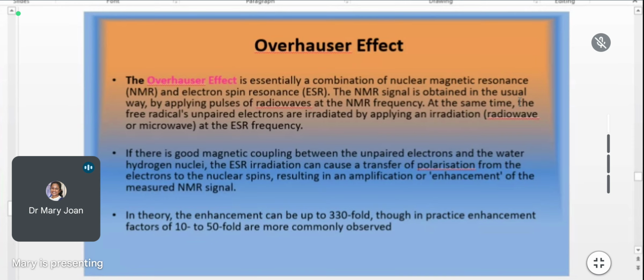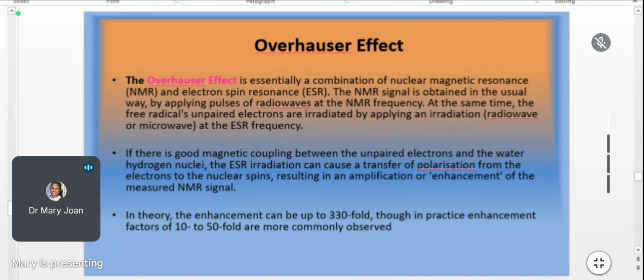So that is essentially a combination of nuclear magnetic resonance and electron spin resonance. The NMR signal is obtained in the usual way by applying pulses of radio waves at the NMR frequency. At the same time, the free radicals' unpaired electrons are irradiated by applying radio wave or microwave irradiation at the ESR frequency, or the electron spin resonance frequency.